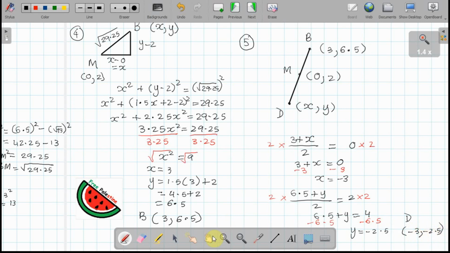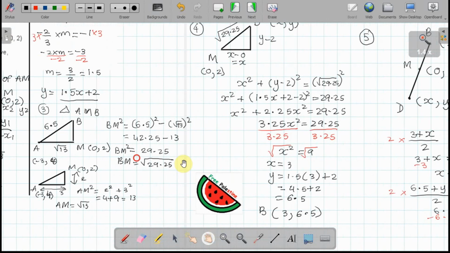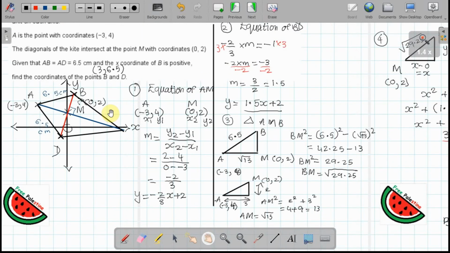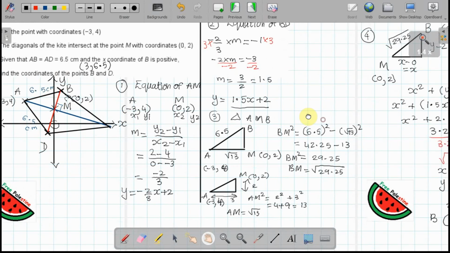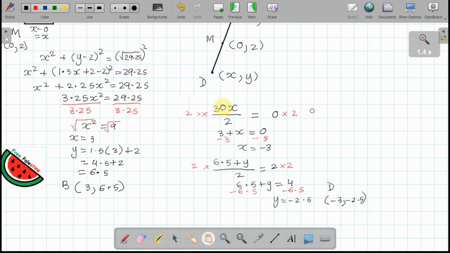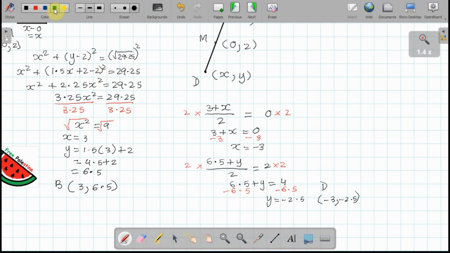Now, there's one way to verify it, I believe. So BMD, we have the equation for it, y equals 1.5x plus 2. So let's do the verification here. y equals 1.5x plus 2. Let's substitute the minus 3 value.